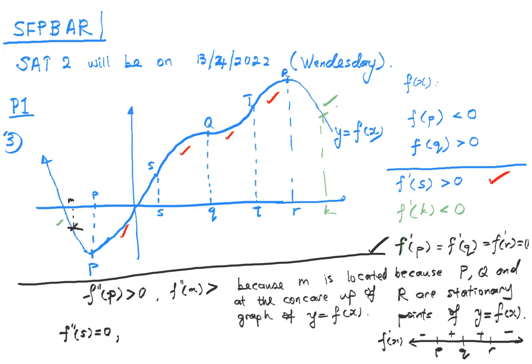Because S is, if you want to make it clearer, the non-stationary inflection point of y equal to f x. You see or not? If you are able to give me a reason, that means if next time I ask you to find the inflection point of a function, you will know what to do.